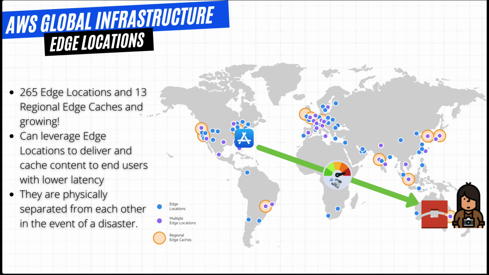For example, if we have our main application fully deployed in US East 1, but we need to serve a small amount of clients on the other side of the world, we can leverage these edge locations along with CloudFront to cache our data to better serve our clients in Australia. They are also physically isolated from each other because, you guessed it, in the event of a disaster.